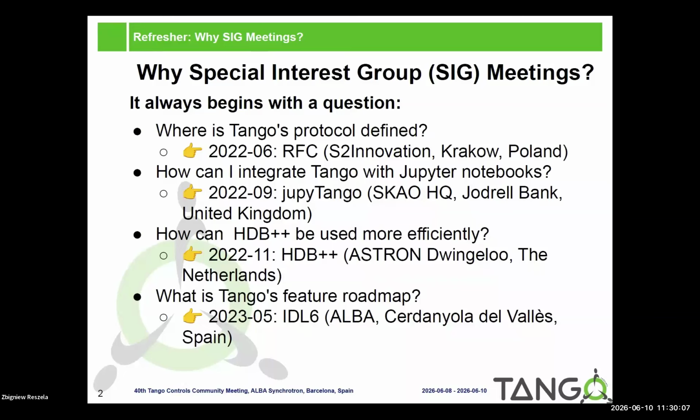Originally, the first one was, where is Tango's protocol defined? We set out to really nail down and write our RFCs, the requests for comments, following the IETF model, where a group of people agrees on something, writes it down, and everybody follows that advice. That's the Tango RFCs. It allows you to implement the Tango protocol in whatever language you please.